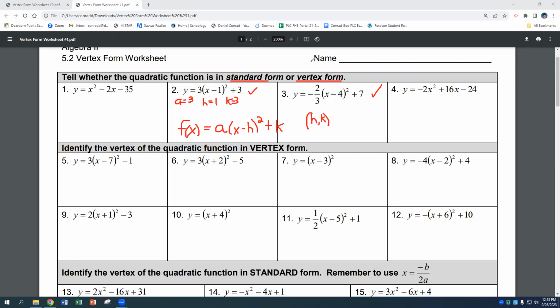And then for this one over here, a is going to be negative 2 over 3, h is going to be 4, and then k would be 7.